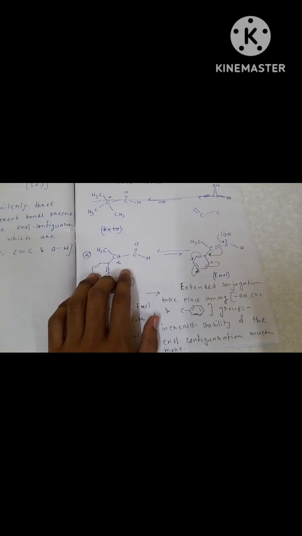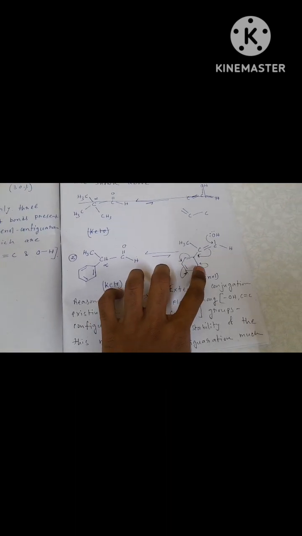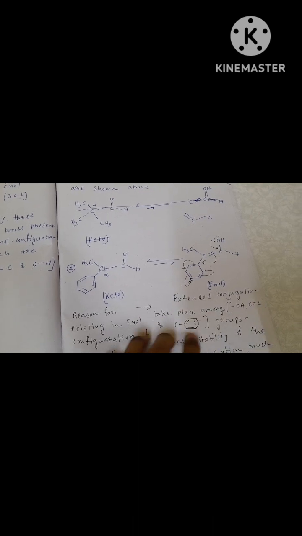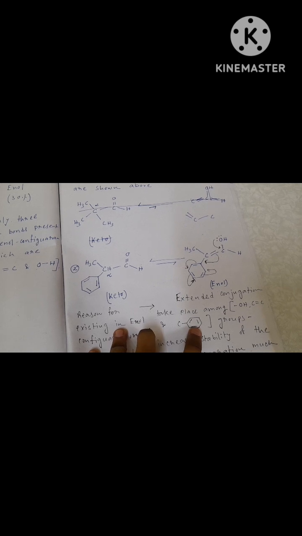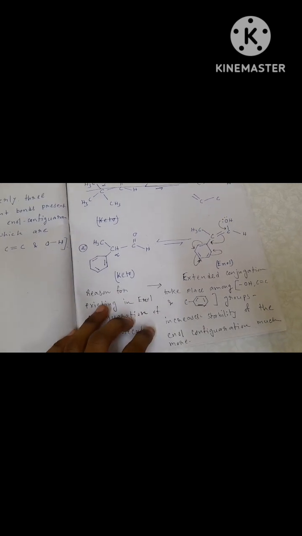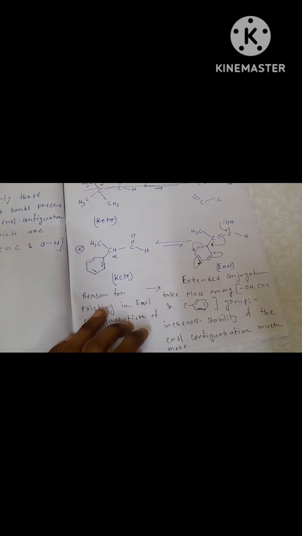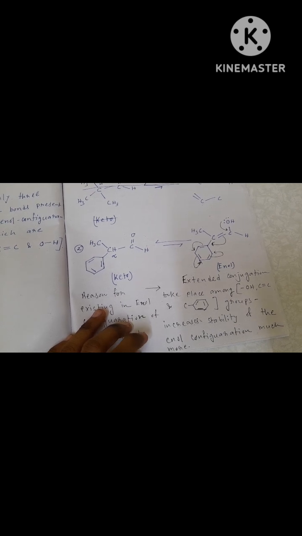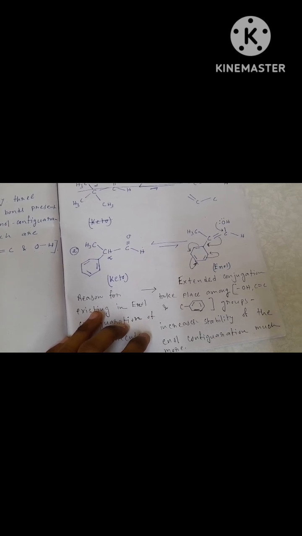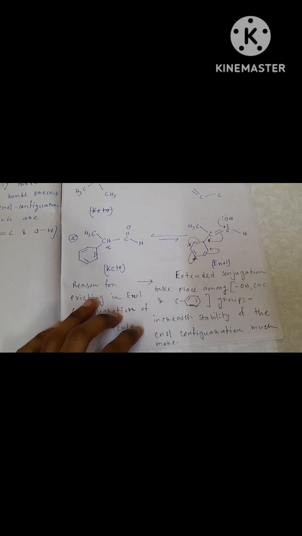for this molecule, because here you can see when this molecule exists in enol form, there will be a possibility of extended conjugation among the hydroxyl group, the pi bonded two carbon atoms and the adjacent phenyl group, through which these three groups take part in resonance very easily and increase the stability of the overall system much more.